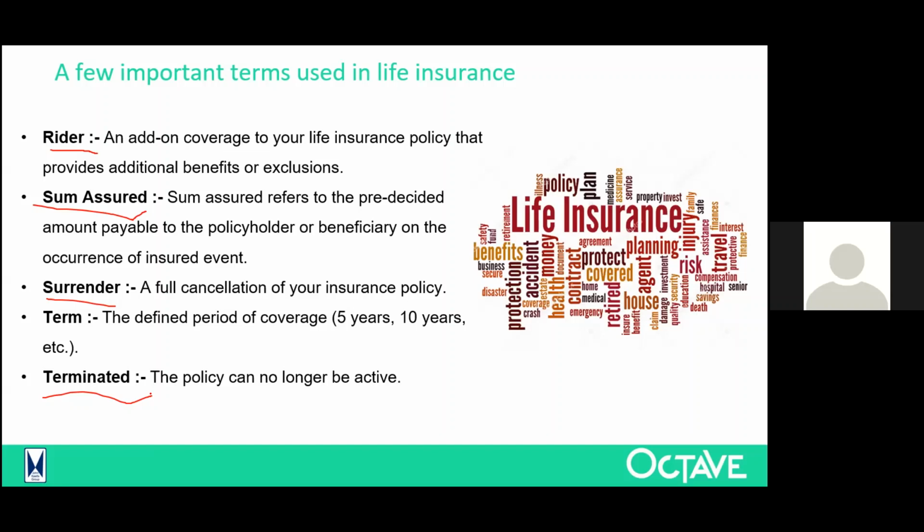After 10 years, your policy is finished. The moment it's finished, we say it's a matured policy. That means you have gone according to the plan, the coverage is complete, and you are matured.